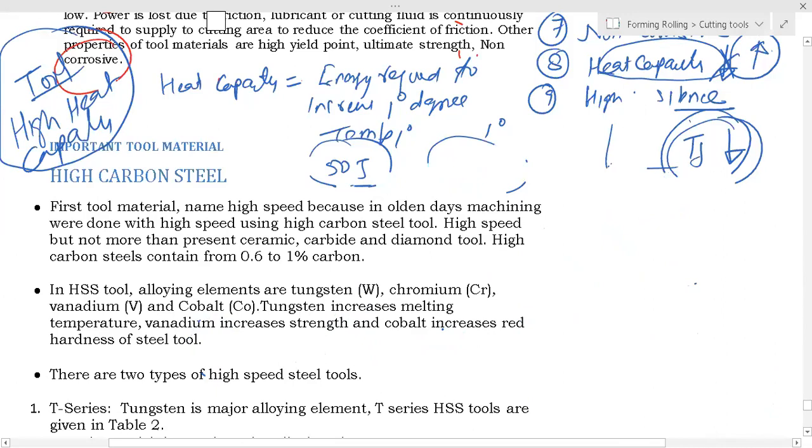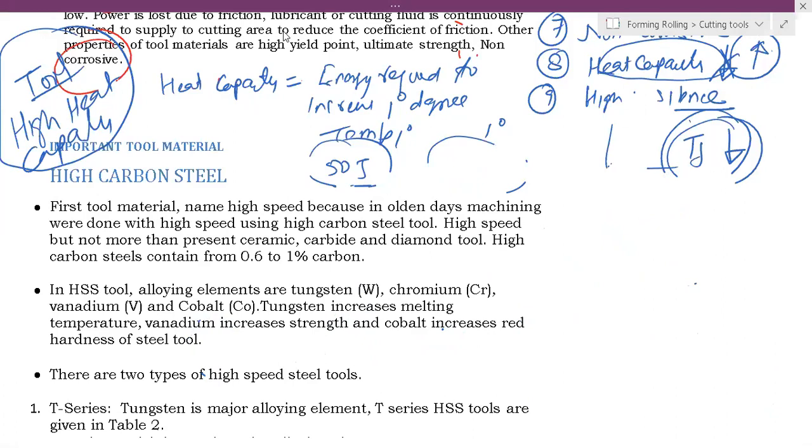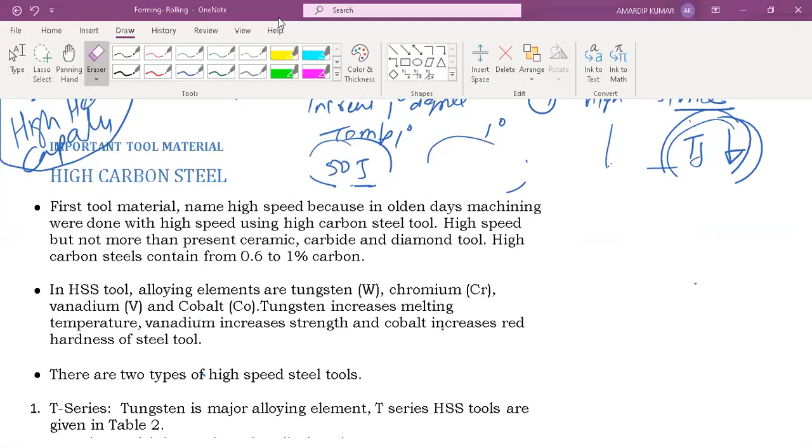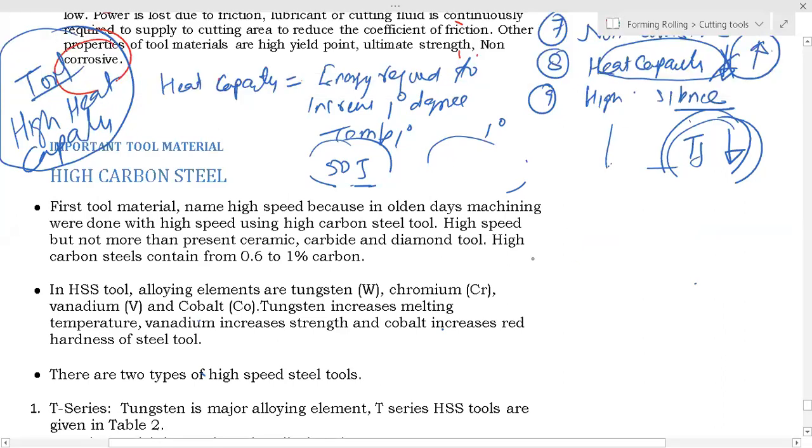I have a question for you guys. What should be the thermal diffusivity? Let me get my pen. Fine. I ask you now, thermal diffusivity. Now you have to tell whether this should be high or low for tool material.